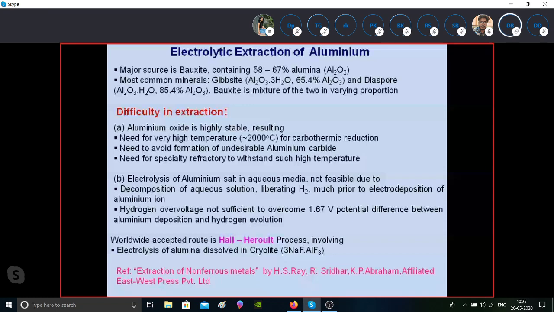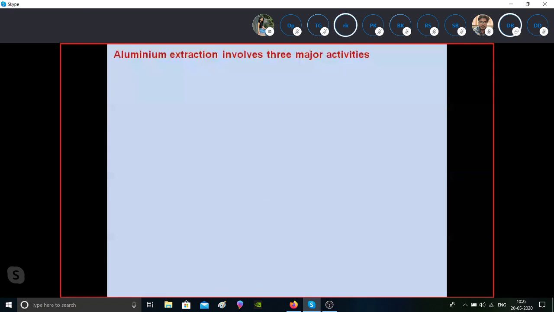Just to overcome the problem associated with electrolyzing alumina in aqueous solution, a new so-called bath has been invented, which is the cryolite bath, 3NaF·AlF3.